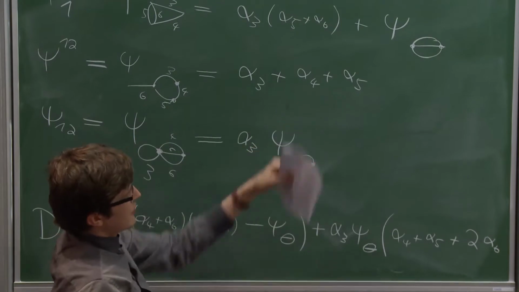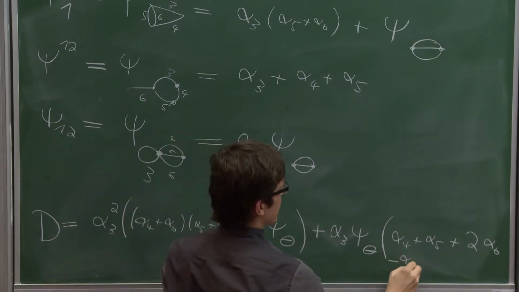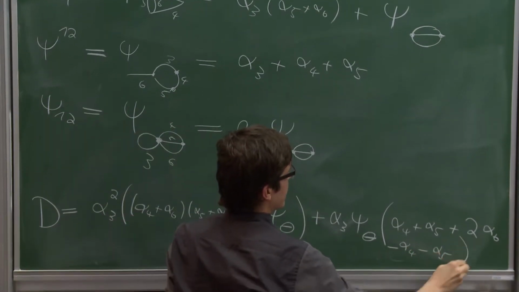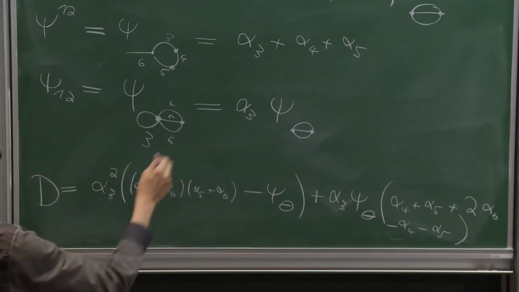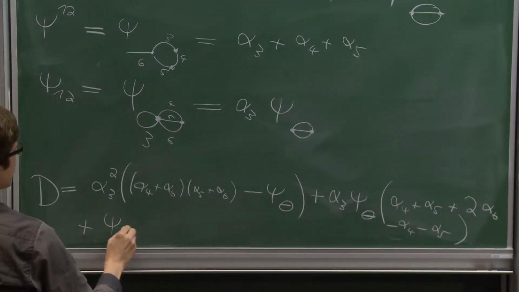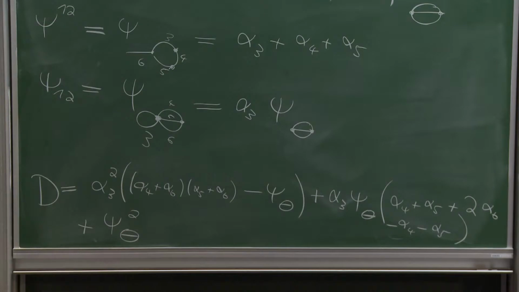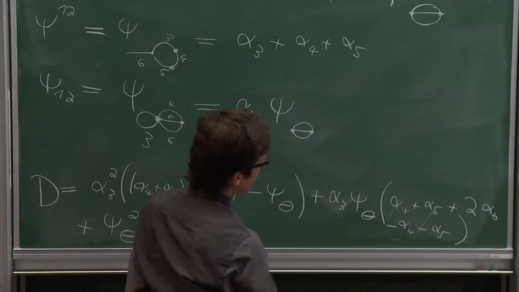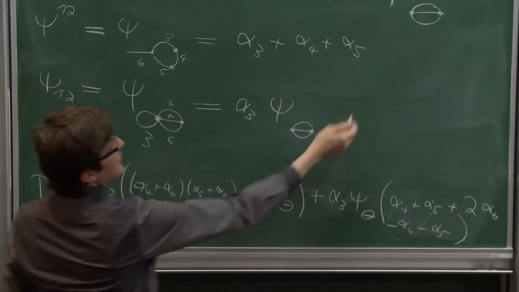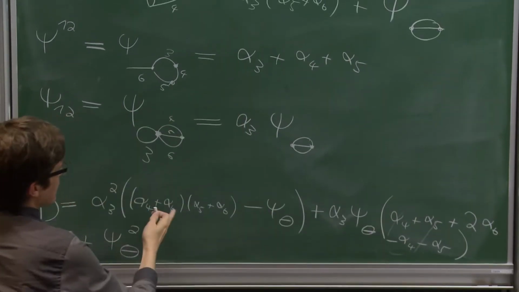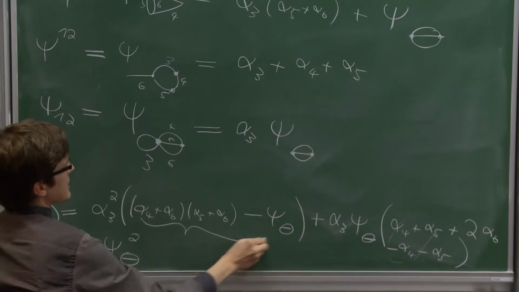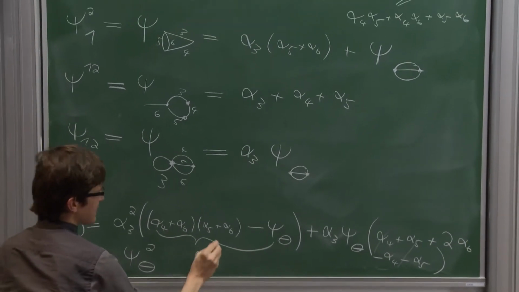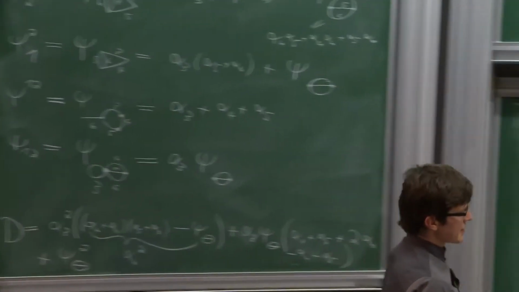And then we subtract alpha 4 and alpha 5. And then finally, we have a constant part, which is just the square of the sunrise polynomial. And now you see that actually these cancel. And what is this polynomial? I wrote it down here. So if you multiply this out, the only thing that remains here is alpha 6 squared.